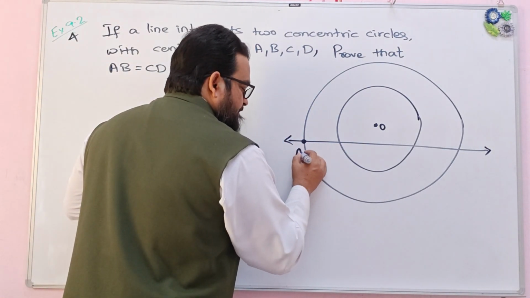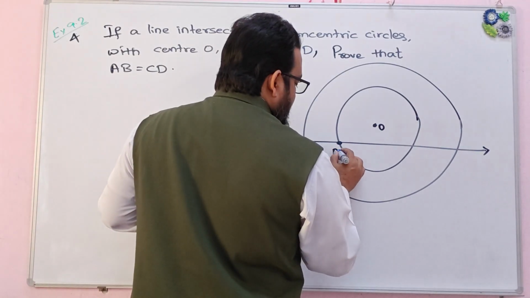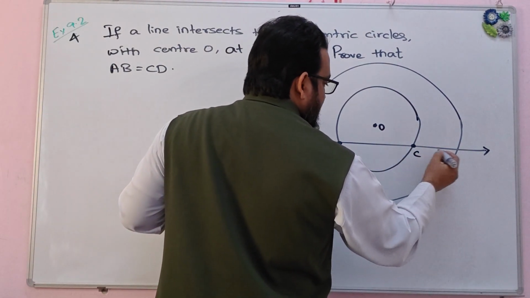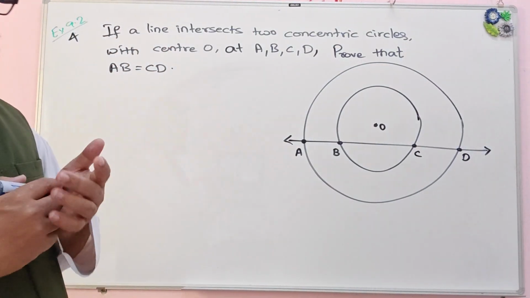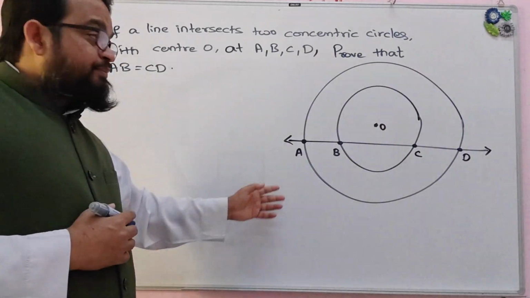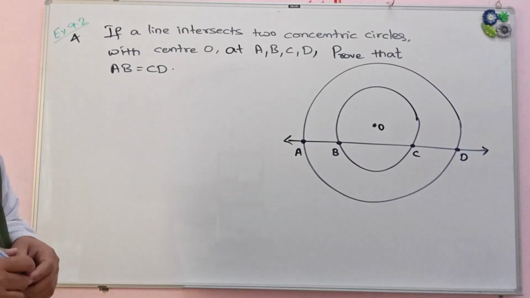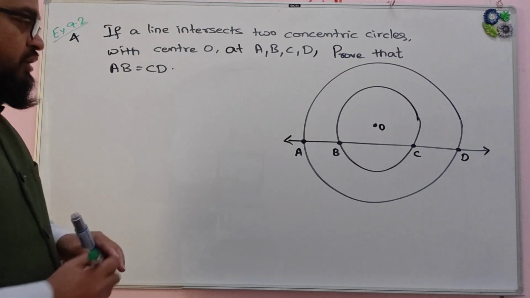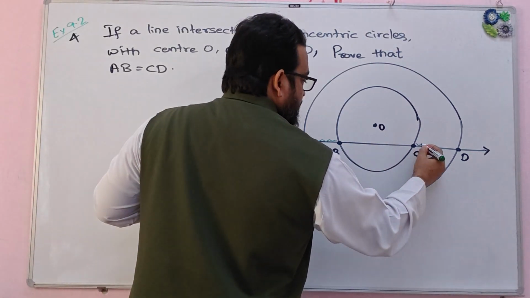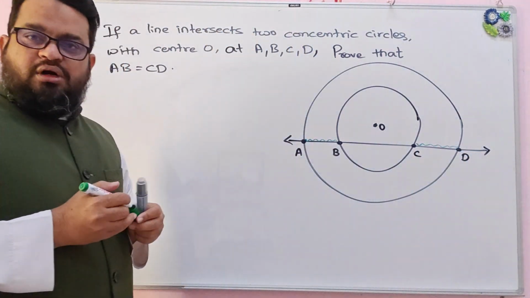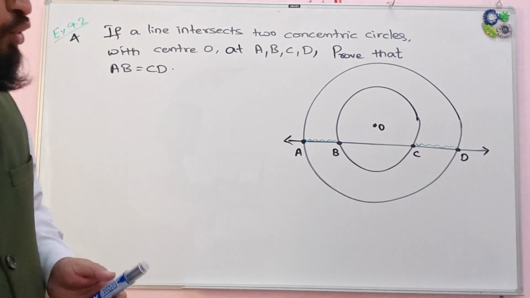This is A, the next one is B, after that C, and then D. So they intersect at A, B, C, D. Prove that AB is equal to CD. So what are you supposed to prove? AB is equal to CD. Understood or not? So let us see how to do it.